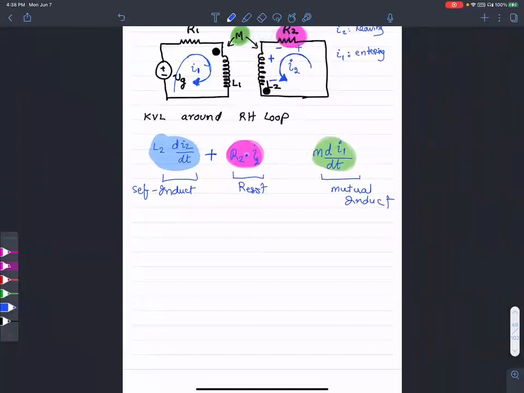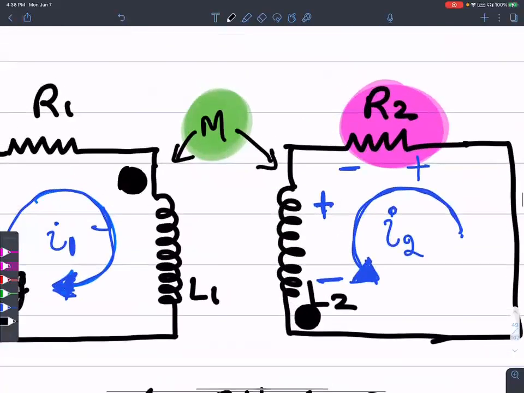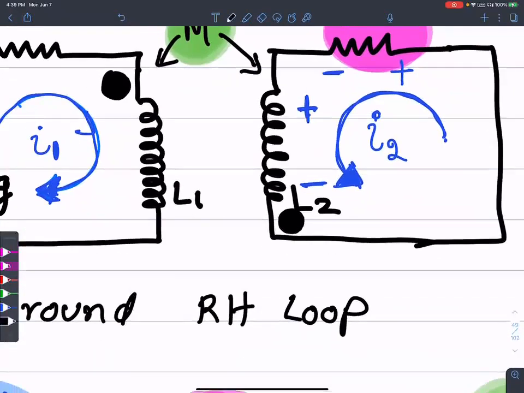So let me clarify the dot convention one more time. I2 at the dot, leaving, and I1 at the dot, entering. If you look at the dot here, I1 seems to be entering the inductor, whereas I2 seems to be flowing in this direction, leaving the inductor.